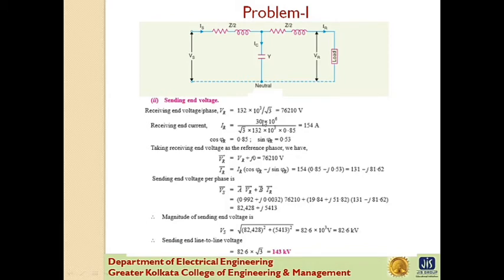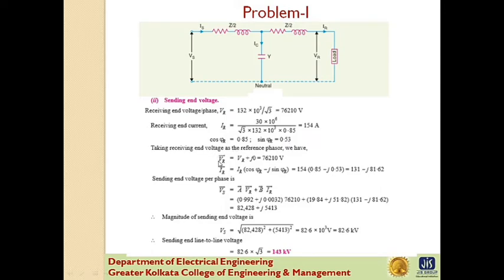It is given the power is 30 megawatt, so first we convert it into watt, and kilovolt into volt, and cos phi r is 0.85. Now by putting the values of P, VR and cos phi r, we get the receiving end current equal to 154 ampere. Power factor is given as 0.85, so from this we can determine sin phi r as 0.53.